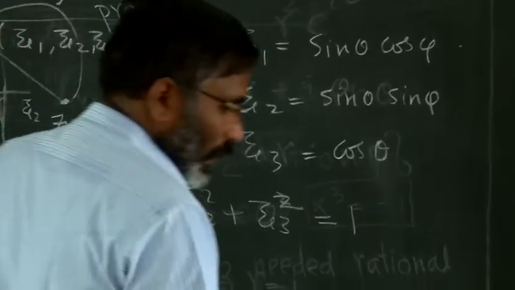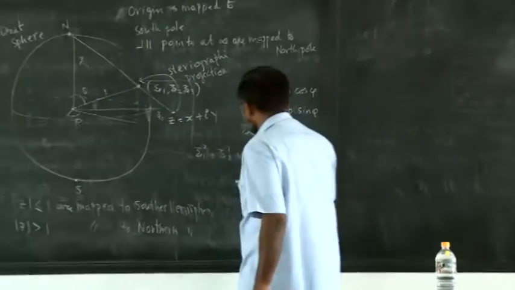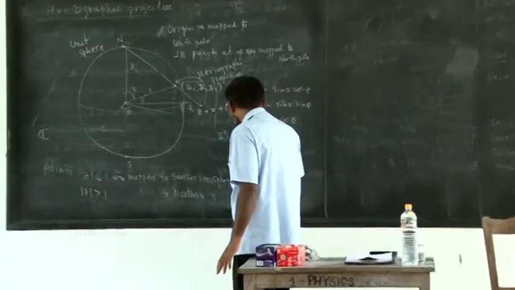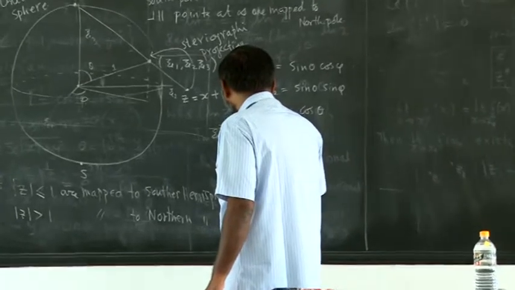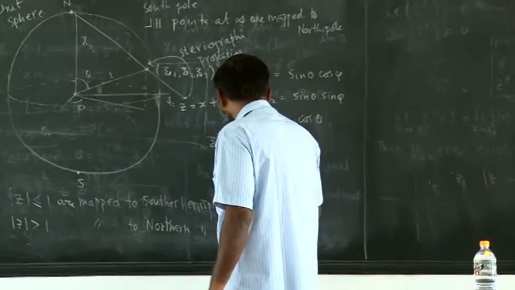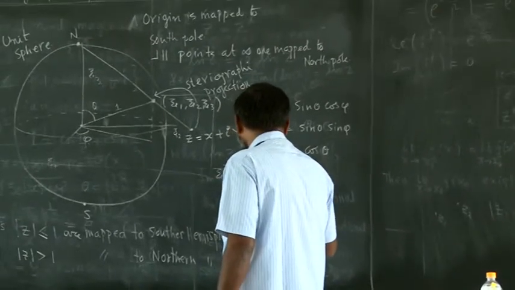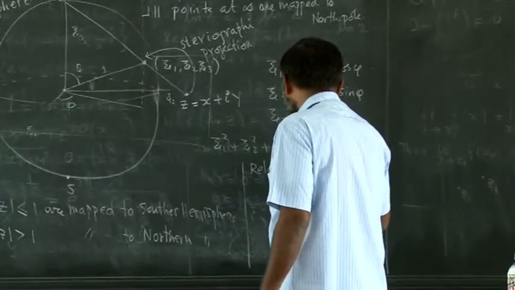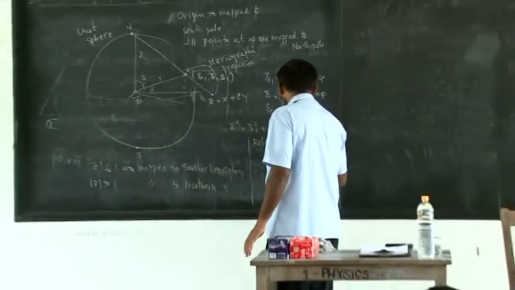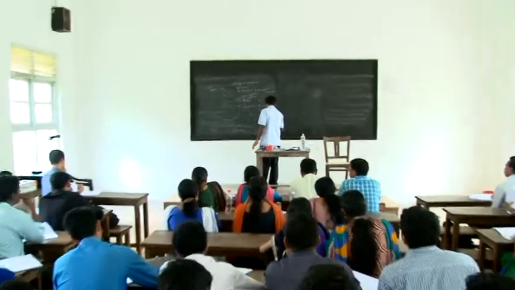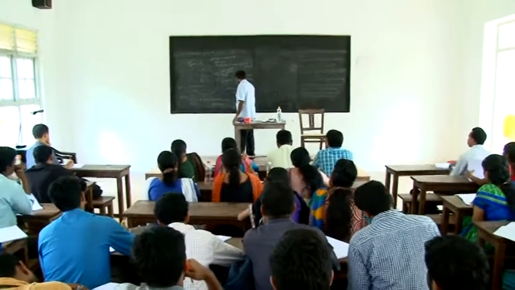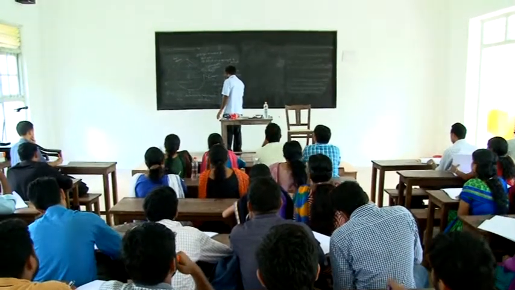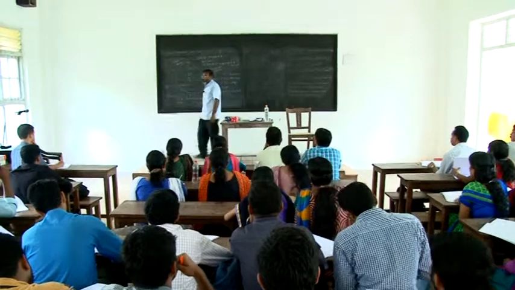So I can leave this as an exercise. You can do it in the tutorials. Relate xi1, xi2, xi3 to x and y just using the geometry.